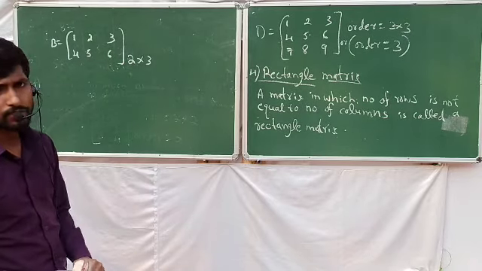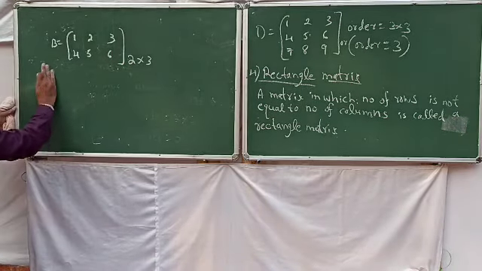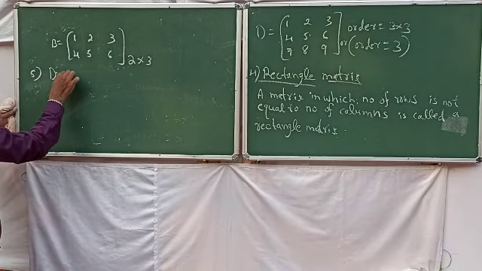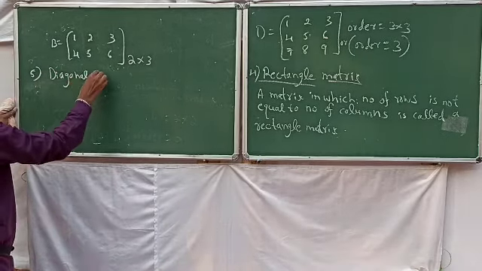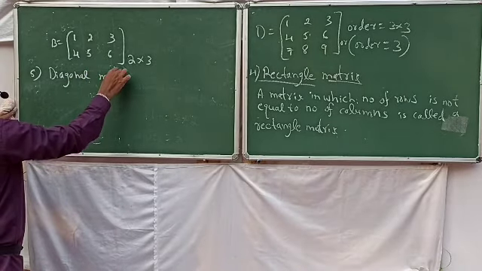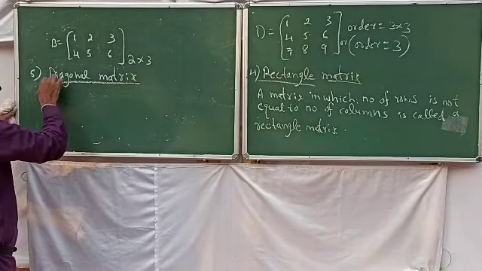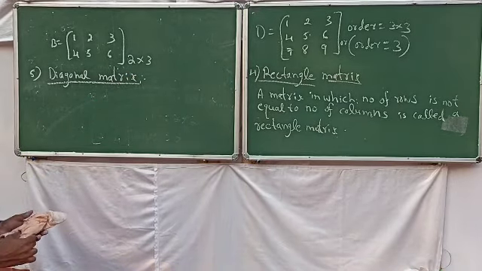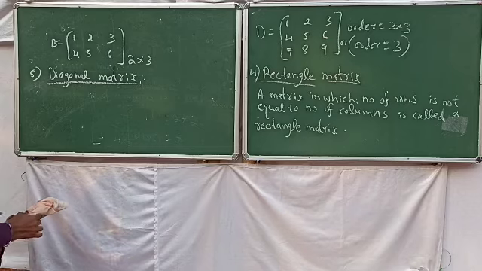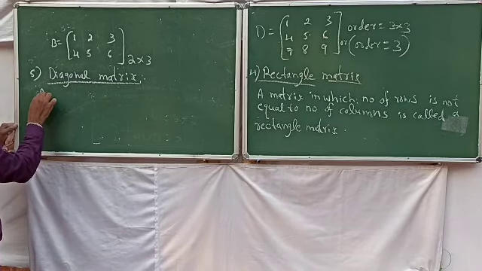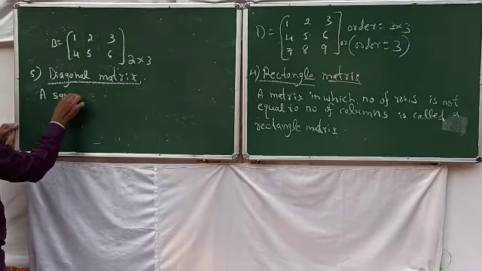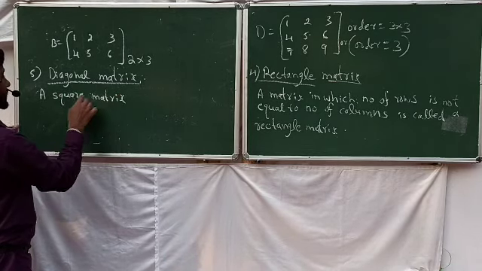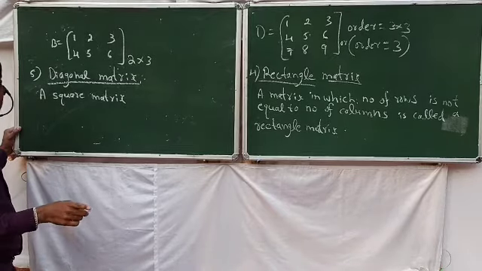Okay, move to the next type, that is the fifth one, diagonal matrix. See, very important definition. Diagonal matrix. The definition says a square matrix. We already know the meaning of a square matrix: the number of rows is equal to the number of columns.